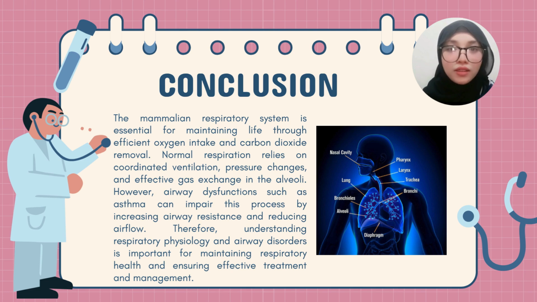However, airway dysfunction, such as asthma, can disrupt this process through bronchoconstriction, inflammation, and excessive mucus production, leading to breathing difficulties. Therefore, understanding the mechanism of normal respiration and airway disorders is important for improving respiratory health and ensuring effective treatment and management.